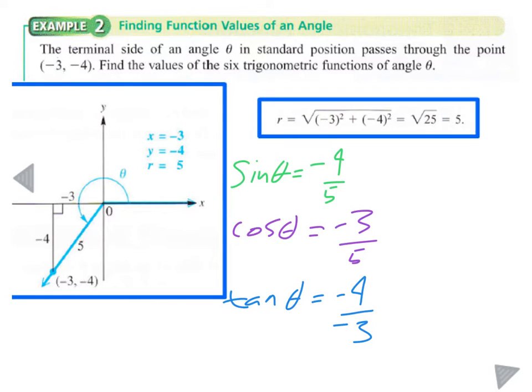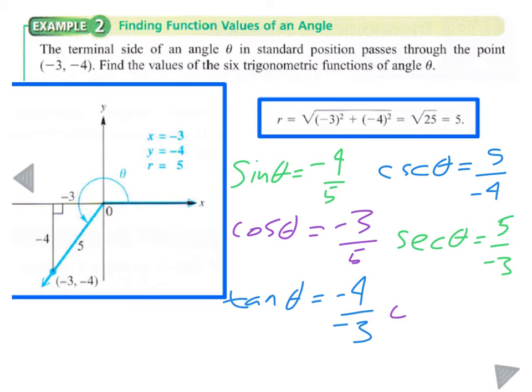The reciprocal trig functions then, cosecant of theta just being 5 over -4. The secant of theta being 5 over -3, and the cotangent of theta.